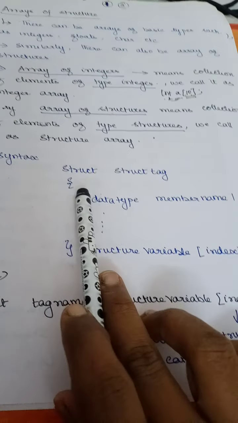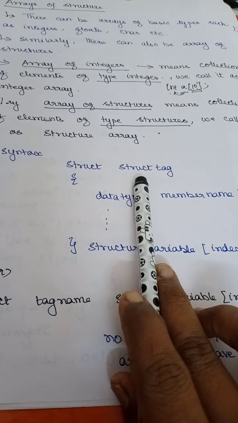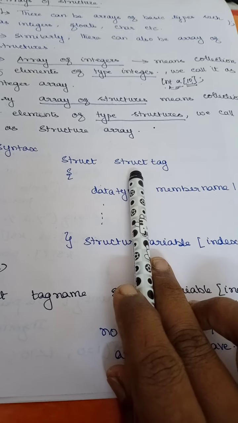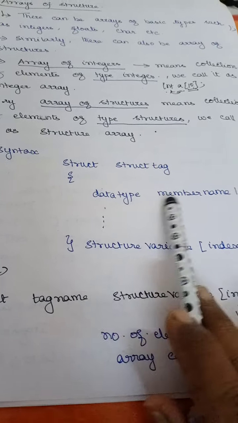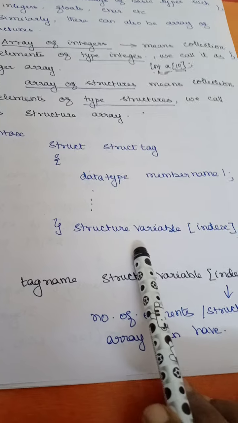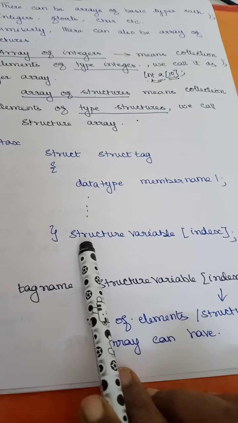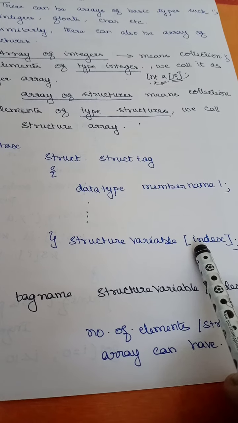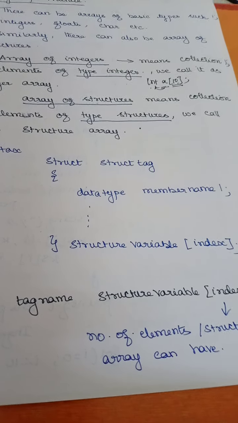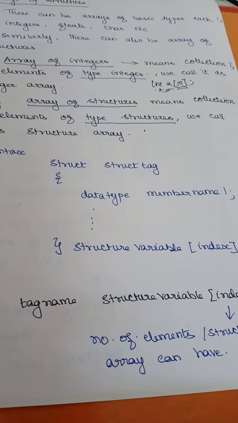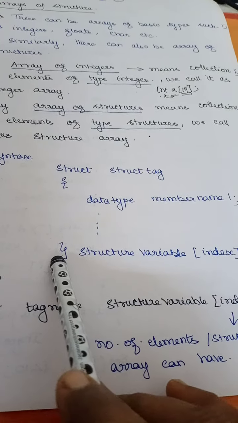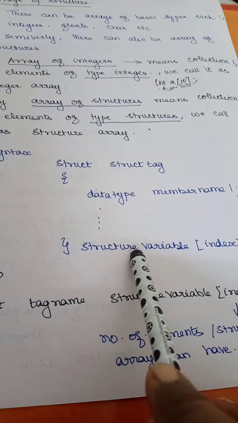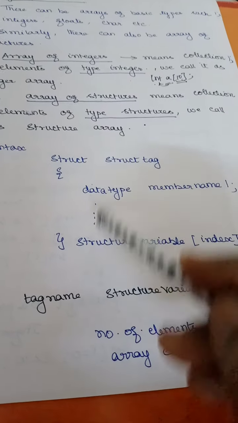Right? Now what is the syntax for that? Struct, as I told you, is followed by a tag name used to name the structure, and then the usual way of writing a structure. Here you will write the structure variable. If you use square brackets and specify the index, then it is an array of structures. Till now we have seen just the structure variable, so you have only one variable for your structure.